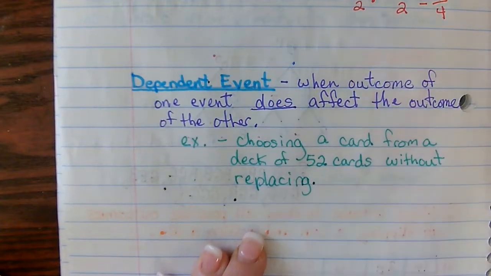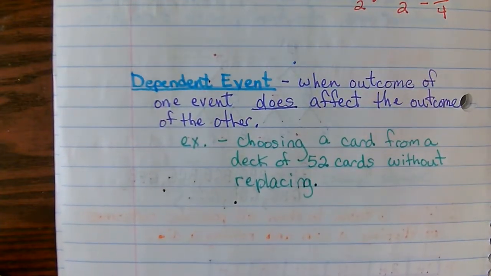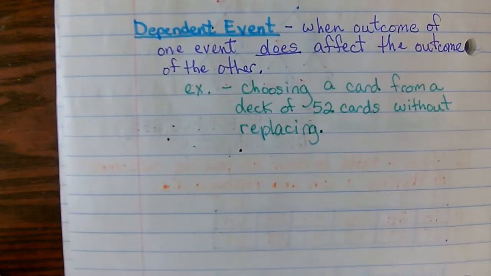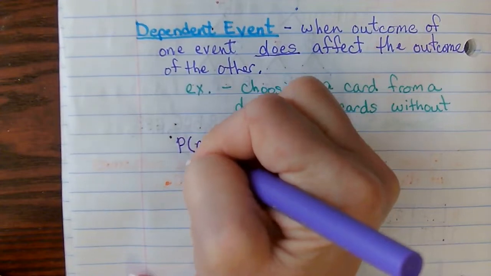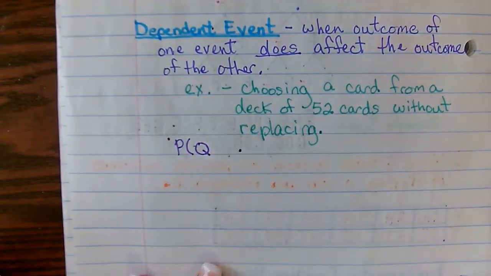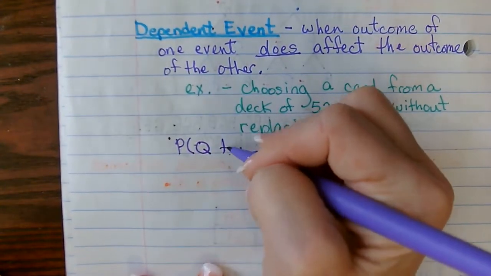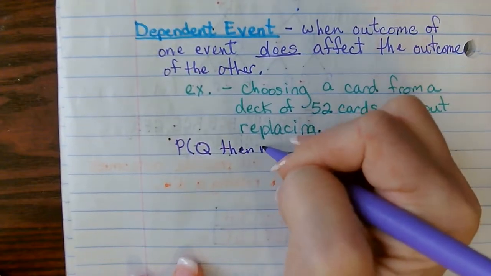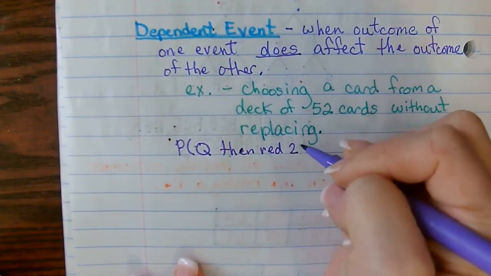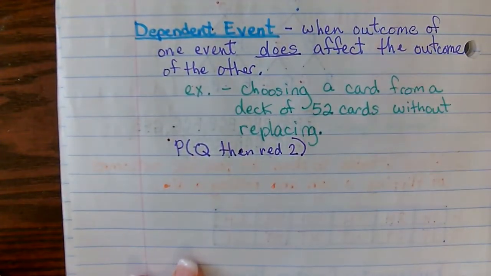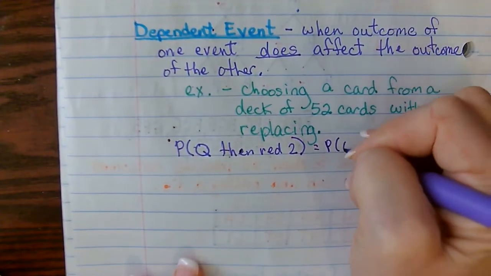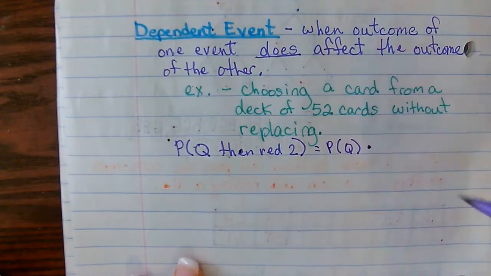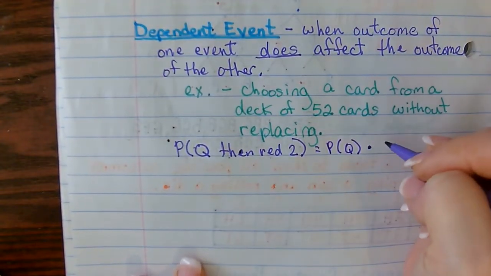Means you take the card out of the deck, you don't put it back. Alright, so let's try the probability of drawing a Q for Queen, then a red 2. Okay? Well, let's stop and take. That means the probability of Q times the probability of a red 2.